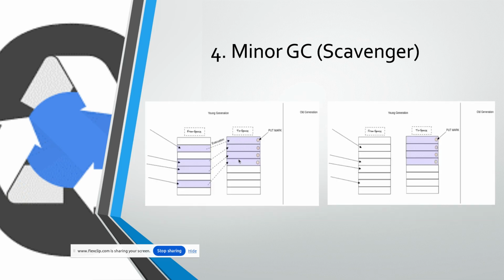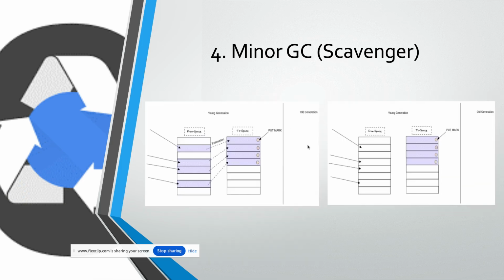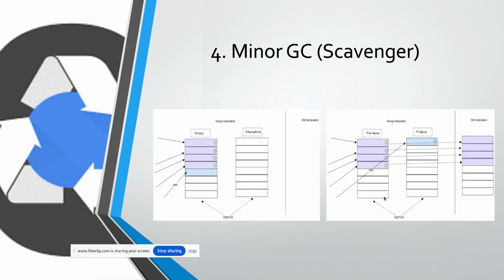And the reason we don't use this permanently is because of what we talked about: half of the total space is always empty, although for the evacuation step. So that is why we have to switch. And after we go to the old generation zone, of course, pointer updates have to be enabled. I don't have an image on it, so skip it.